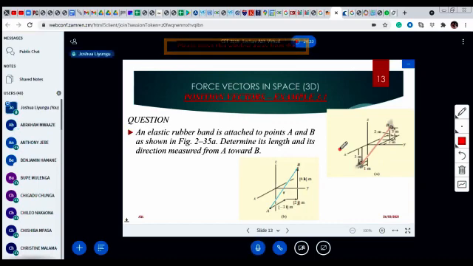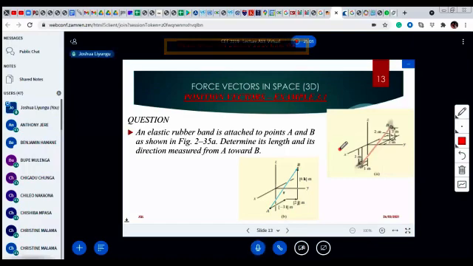In other words, they're asking you to find the magnitude of that band from A to B. If someone is asking for the magnitude, it's the same as asking for the length. So here we know the equation on how to find the magnitude.